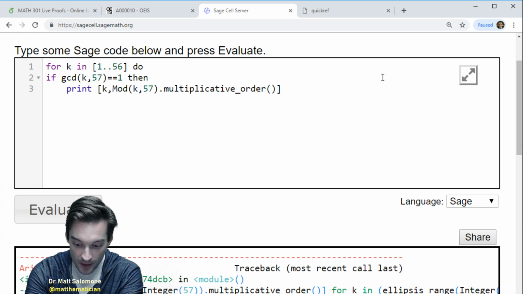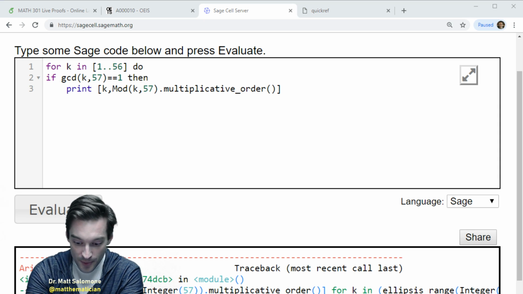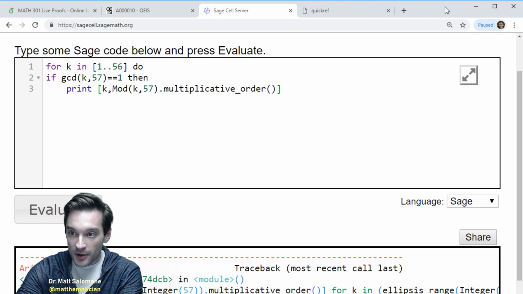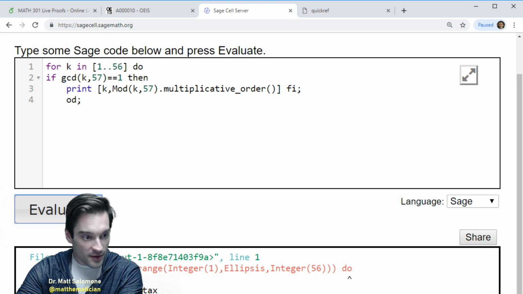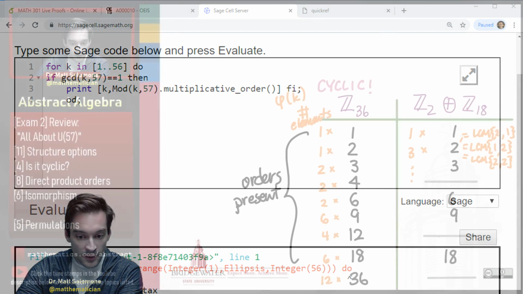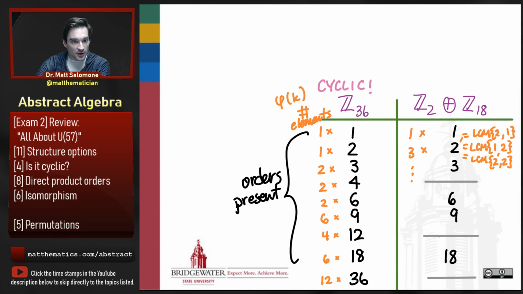Then print this. Whoops. I'm screwing stuff up here. I'm thinking that my Sage syntax is not availing me here. Give me a quick second. I'm going to go look up how to do that one more time.